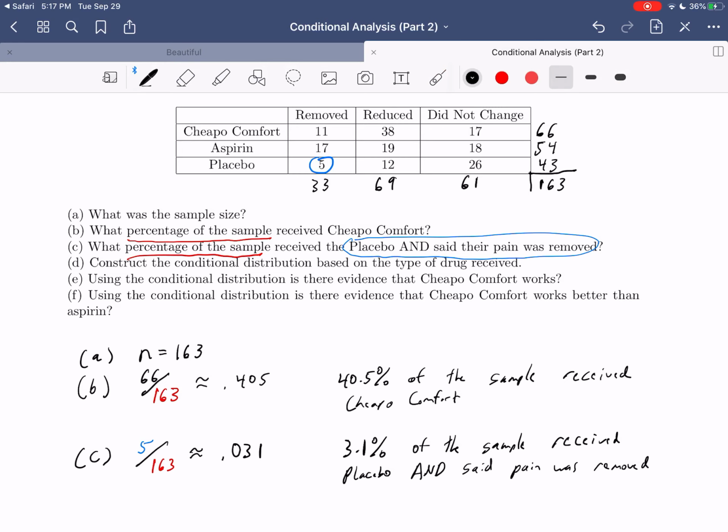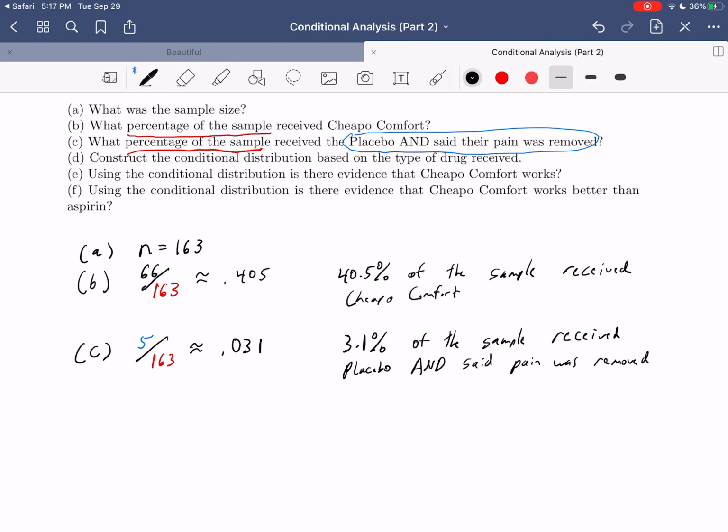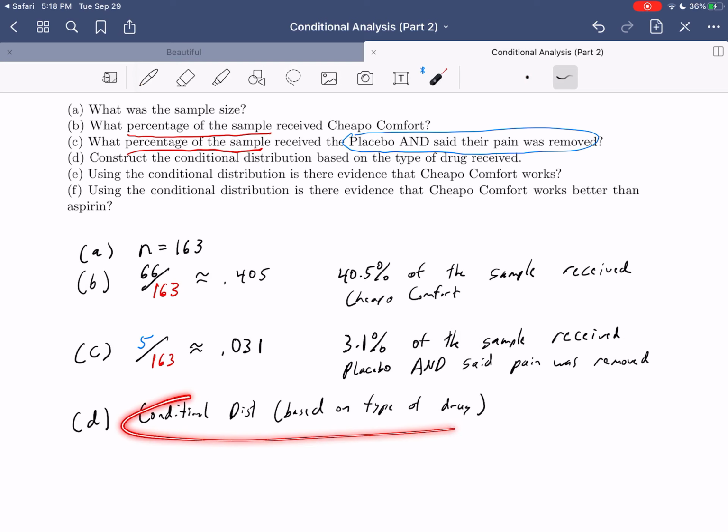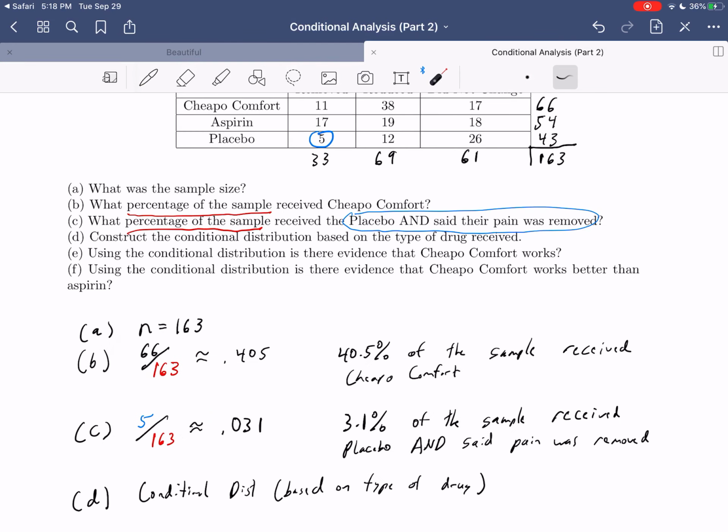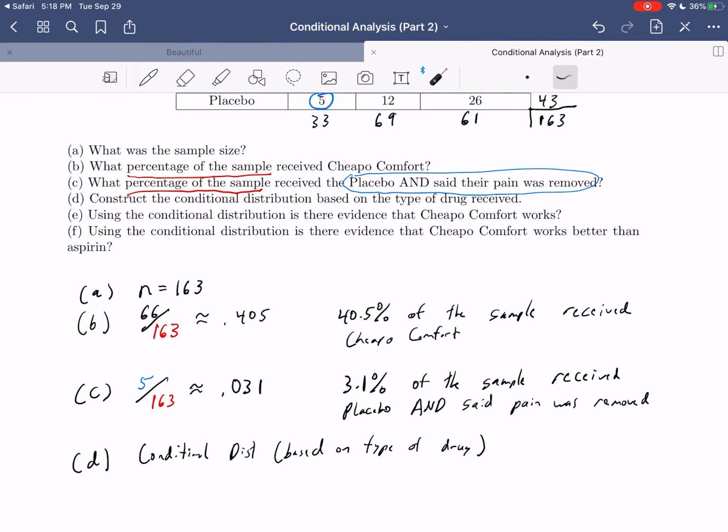All right, let's go ahead and look at part D. So for part D, we want to do the conditional distribution, and notice it says based on type of drug. Remember that when we want to build the conditional distribution, we're either going to divide by the row or column totals because we're going category by whatever is being chosen as the explanatory.